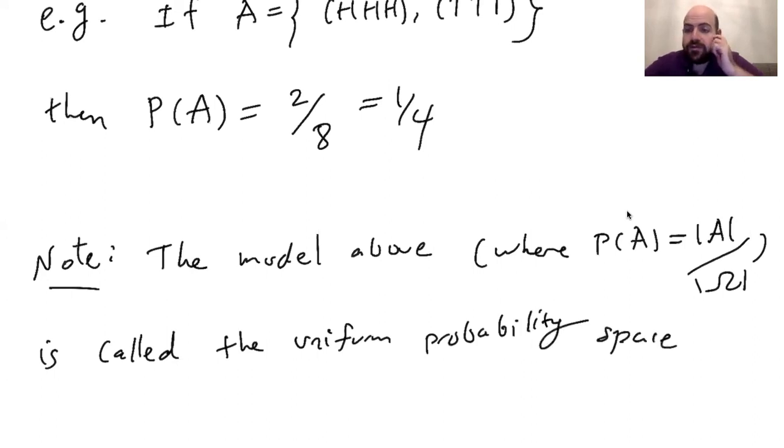And of course it can be used in the discrete case, because we're talking about the number of elements of A and of omega. If omega is an interval and A is an interval, then we cannot define it that way. But for the discrete case, we can use it. And also for fair experiments. So for example, fair coin or fair dice, then we can use this model.